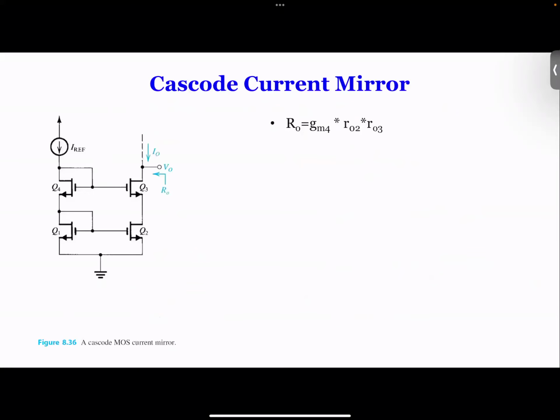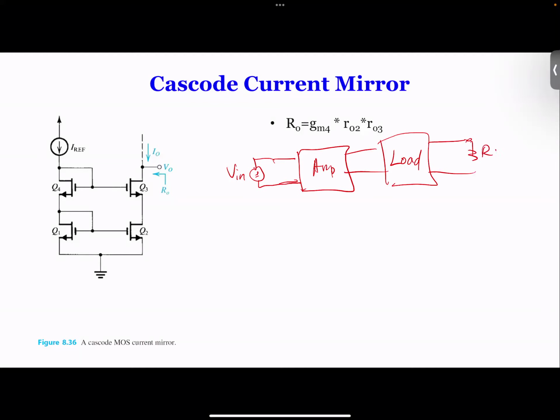Now let me give you an example. So this is just saying that to balance the previous circuit, we add a resistor here. So what do you mean? Like here, let's say you got an amplifier block, you got a load block, and you got an input. So in this case, the equivalent circuit is something like this.